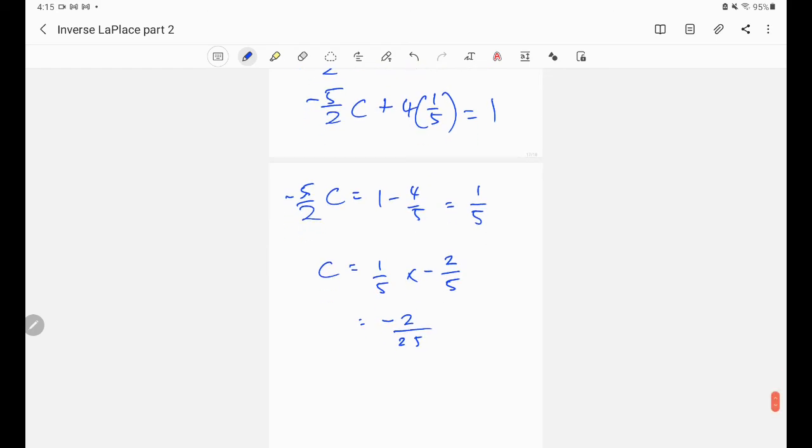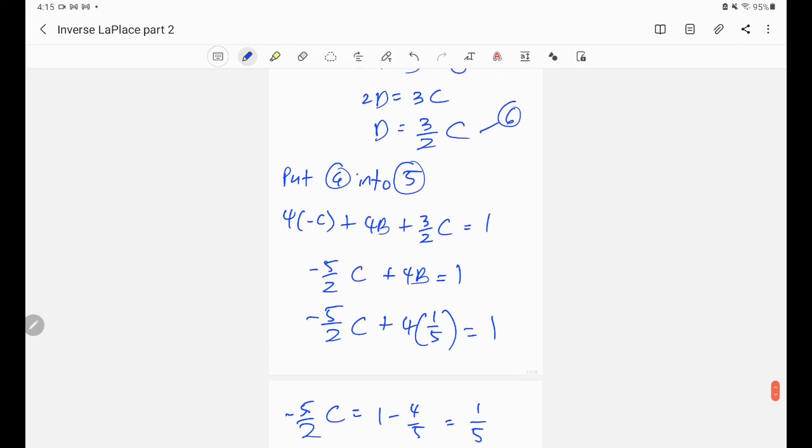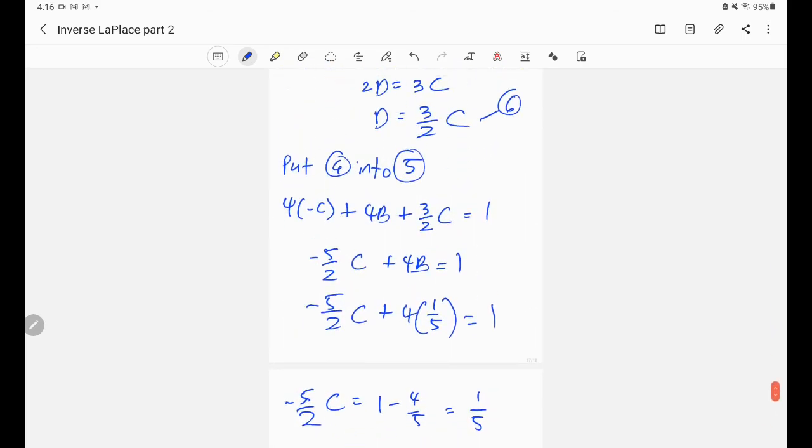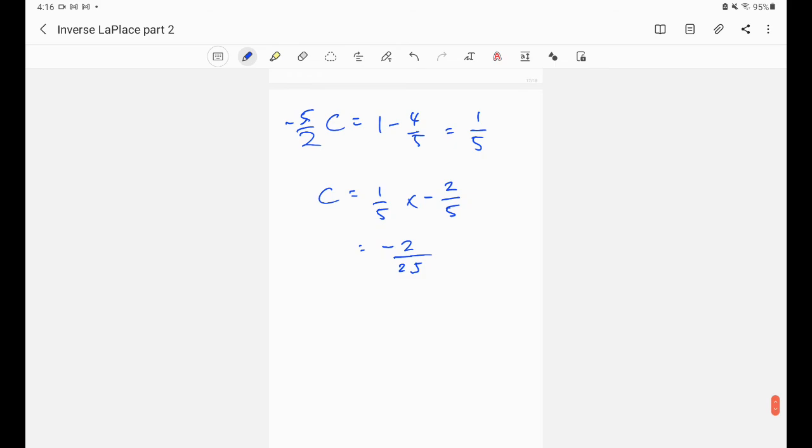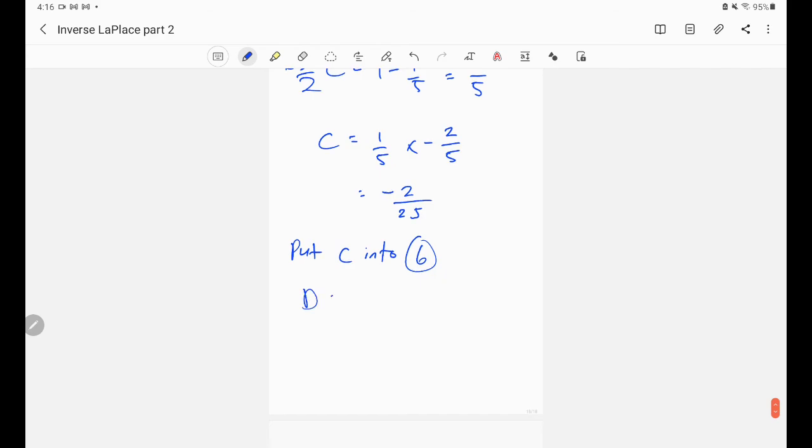That's your C. And then we can find D by using equation 6. Put C into 6, and we get D is equal to 3 over 2 C, which is 3 over 2 times negative 2 over 25, negative 3 over 25.